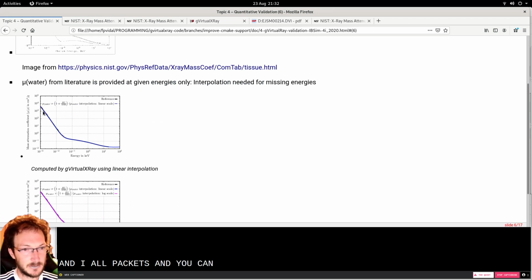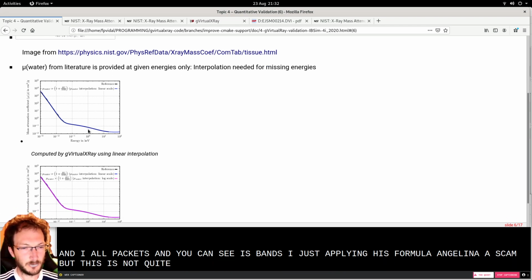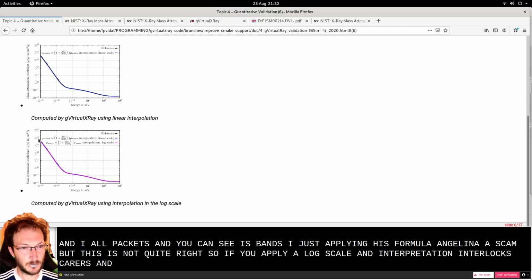And you can see here this plot by just applying this formula in the linear scale. This is not quite right, so if you apply an interpolation in the log scale rather than just a linear interpolation, you can see this magenta curve, which is now a good match.